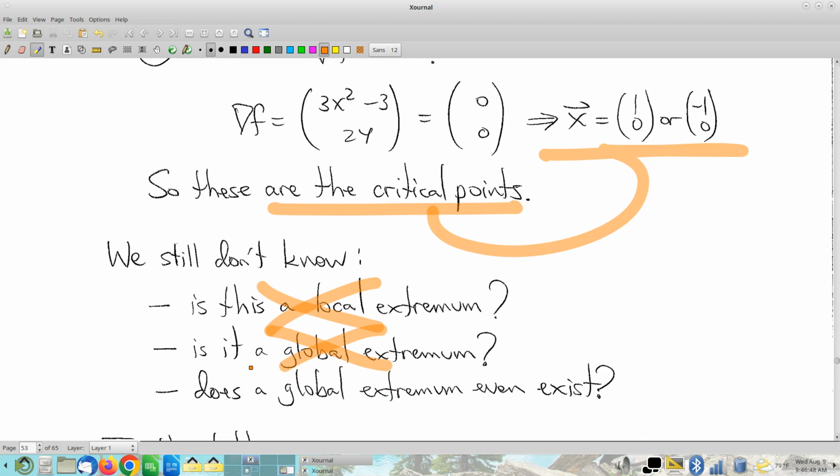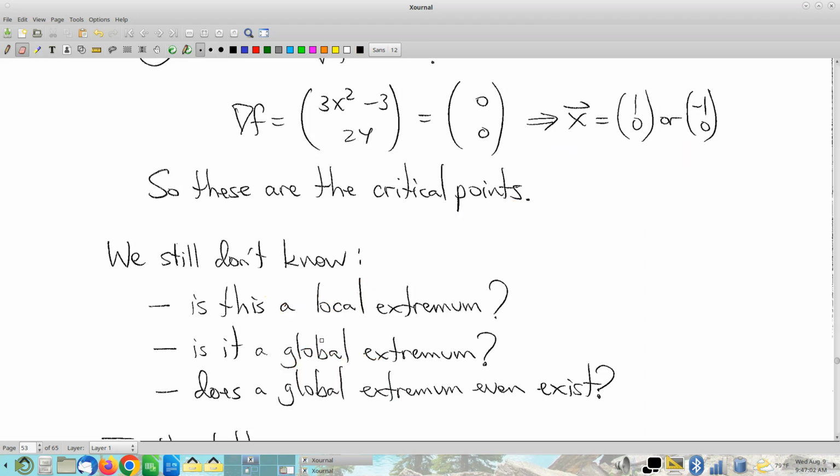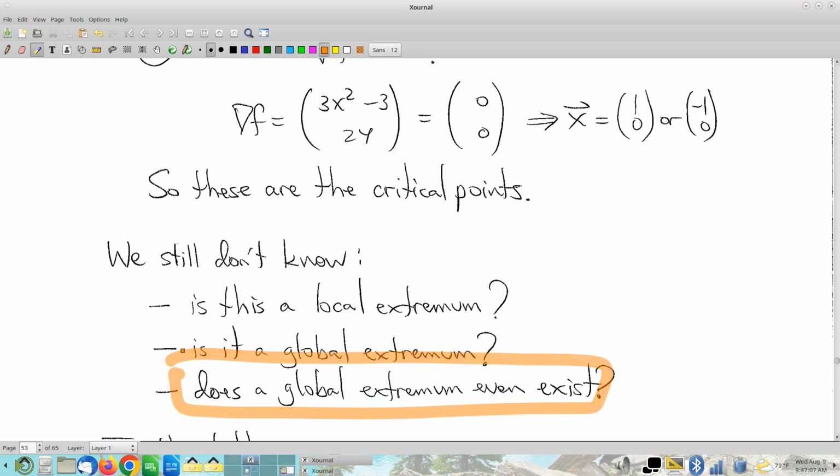The absolute maximum is only at the top of, I think it's still Mount Everest, but it changes from time to time, at least in measure. Anyway, you know what I mean. Now here's an uglier question and a pretty serious problem. Does a global maximum even exist?